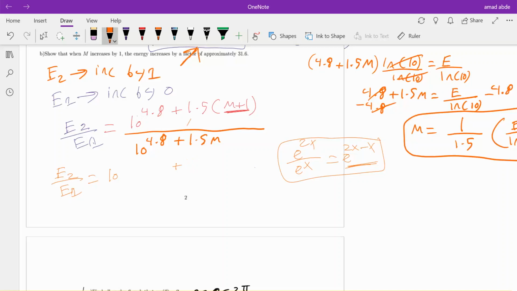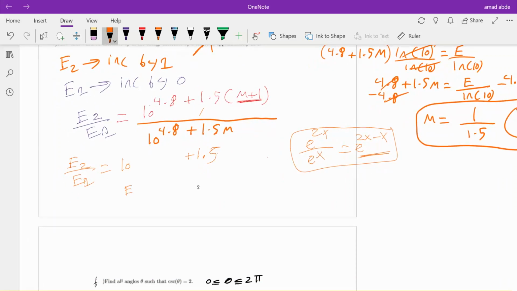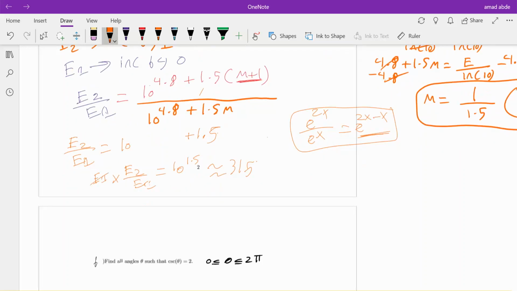So E2 over E1 would just equal 10 to the 1.5, and this approximately equals 31.6. And then if we multiply by E1 on both sides, we get that E2 equals 31.6 times E1.